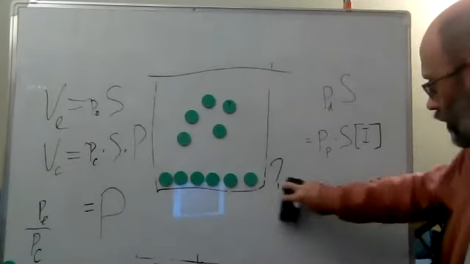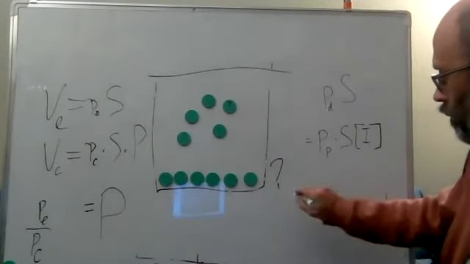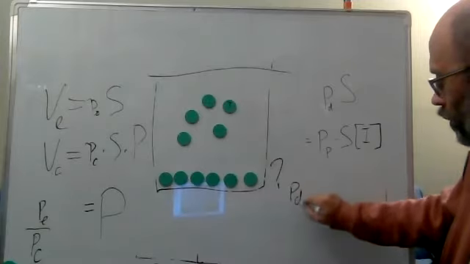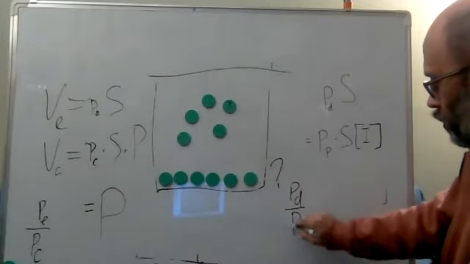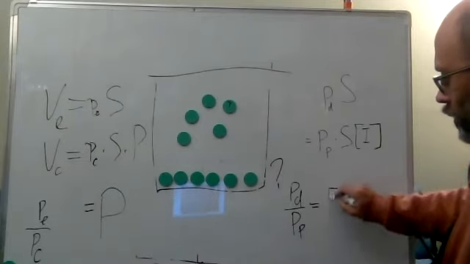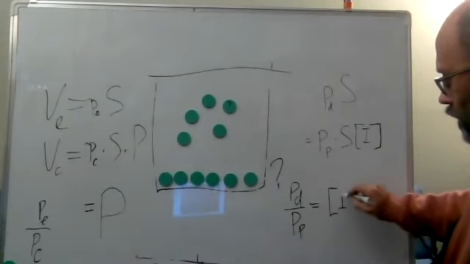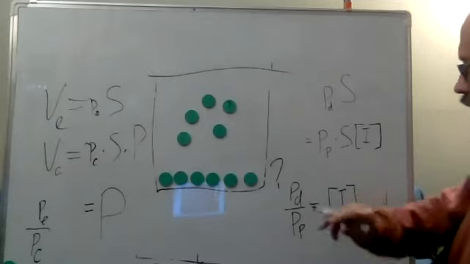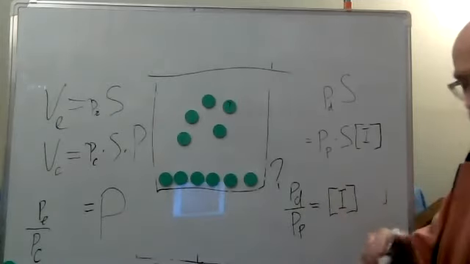Let me redraw it here: probability to dissolve divided by probability to precipitate is equal to the concentration of the saturated solution.